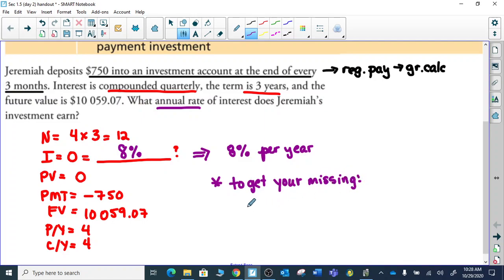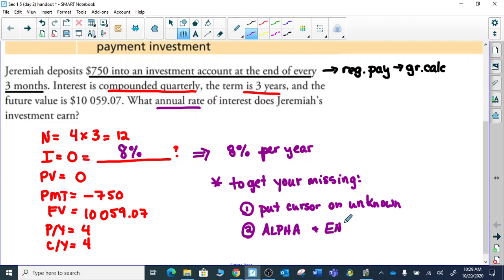So we need to put the cursor on the missing value, on our unknown where we have that 0. And then you're going to hit alpha and enter to get your final answer. So just a couple of things.